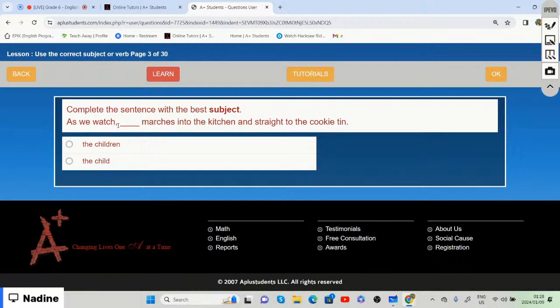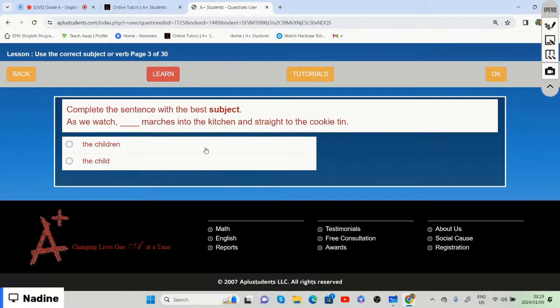We're going to complete the sentence with the best subject. Do we say the children marches into the kitchen and straight to the cookie tin, or the child marches into the kitchen and straight to the cookie tin?